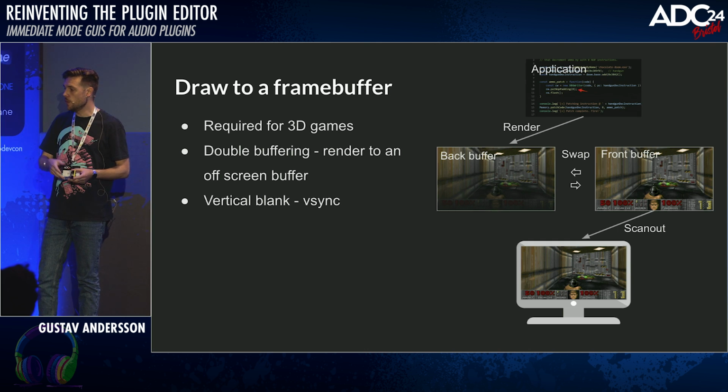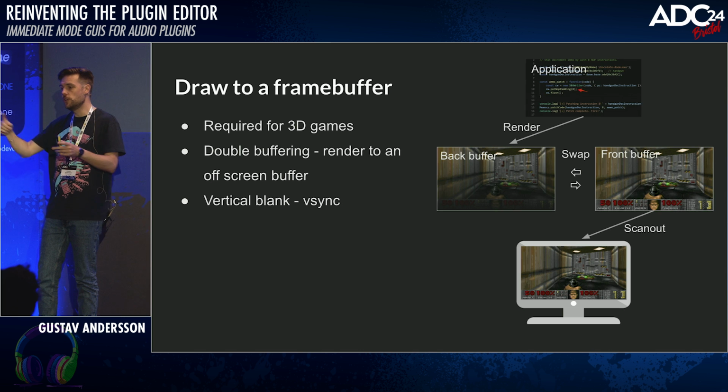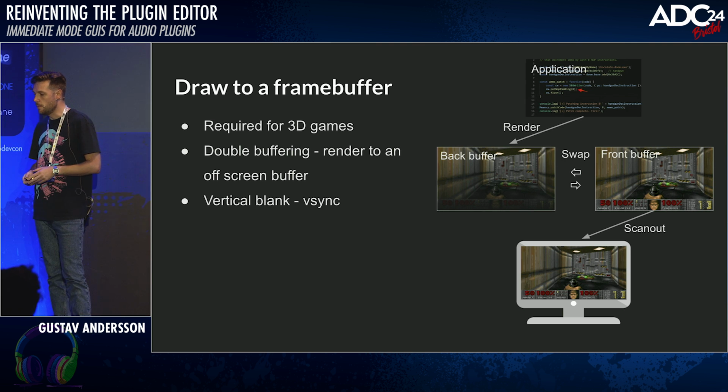And during the vertical blank, which is when the screen has finished scanning out the last line, before it has started on the first line of the next image, there's a little period there where you can switch the buffers around. And then the screen will start displaying the new image, and the computer will start rendering the next image. So that way you were always synchronized to the sort of screen update rate.